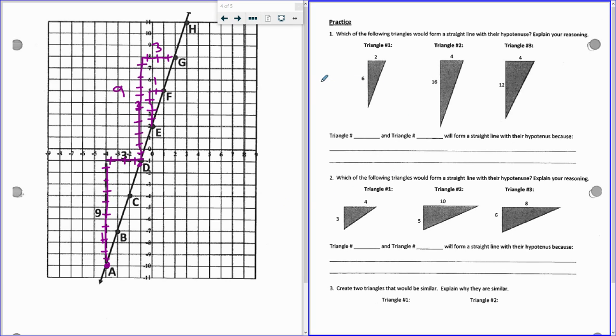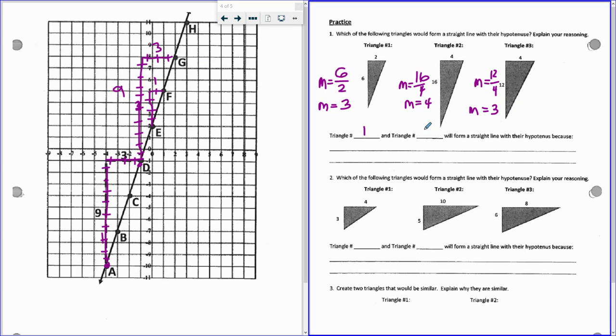If I find the slope, or the ratio of the vertical leg to the horizontal leg, remember we use the letter M for slope, 6 over 2 is a ratio of 3. Here, vertical divided by horizontal, 16 divided by 4 is 4. And then here, 12 divided by 4 is 3.